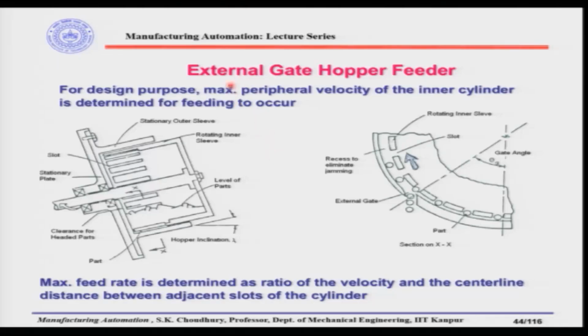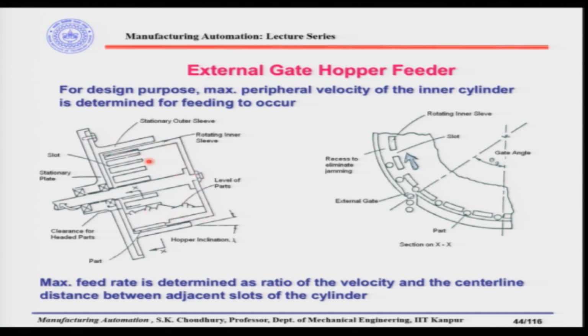Welcome back. So, we will continue discussing what we started in the last class. I will quickly remind you that we have discussed quite a few hopper feeders in the last classes. One of them is the external gate hopper feeder, as you can see here. Once again, here we have a stationary outer sleeve and the rotating inner sleeve.